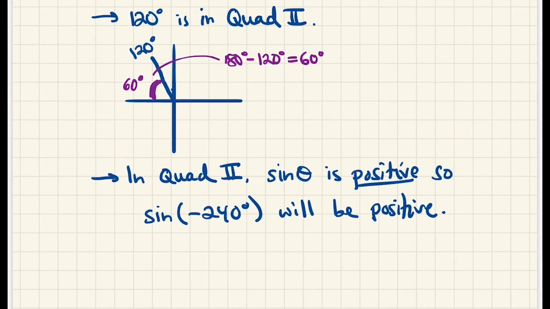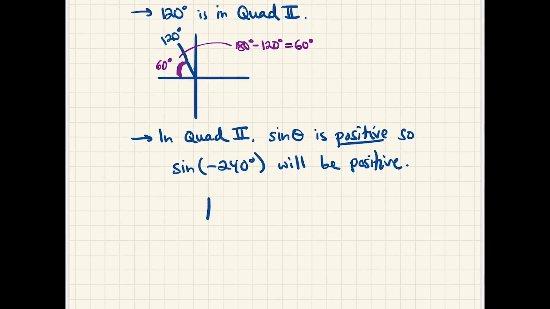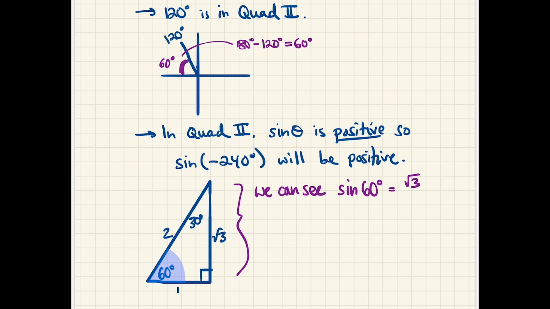Okay, so let's pull off the information we need from the 30, 60, 90 triangle. From the triangle, we can see that sine of 60 degrees is root 3 over 2.